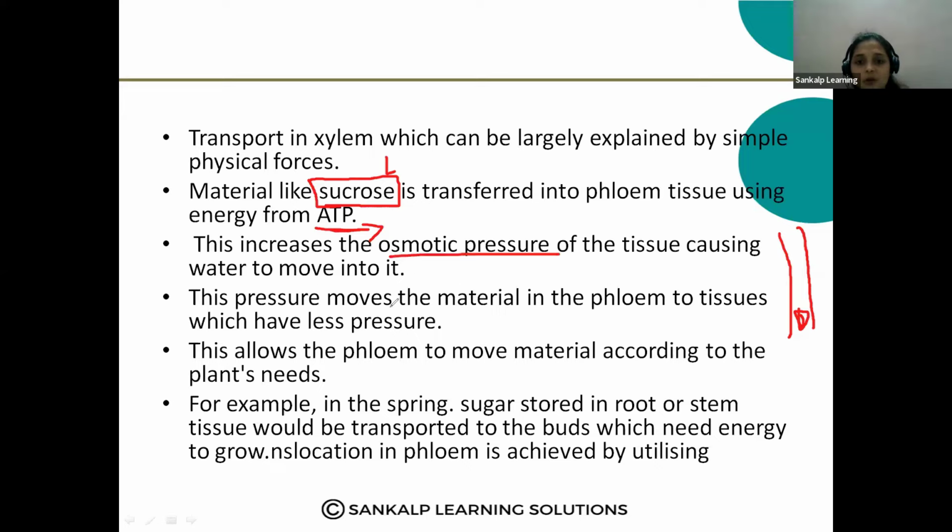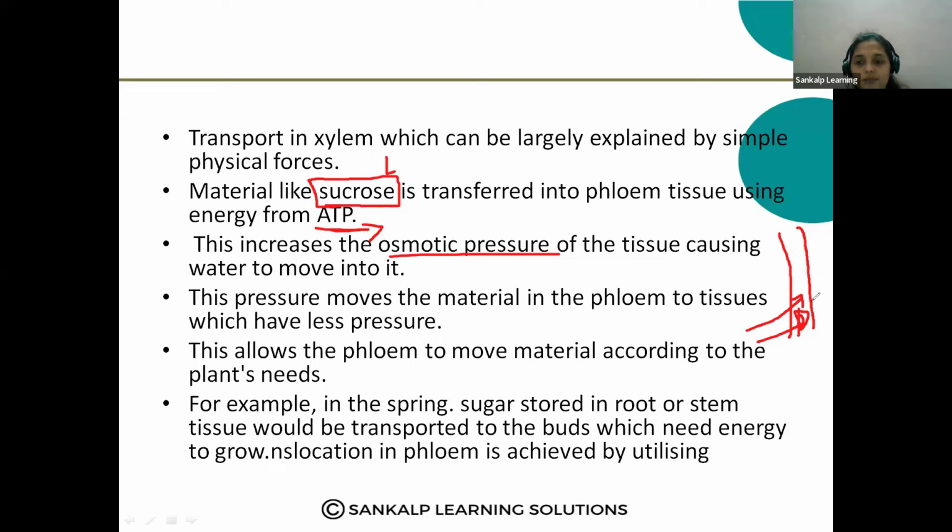That osmotic pressure causes the water to move into the phloem tissue. Now the water is moving inside the phloem tissue. Why is it moving inside? Because osmotic pressure is high inside the phloem.